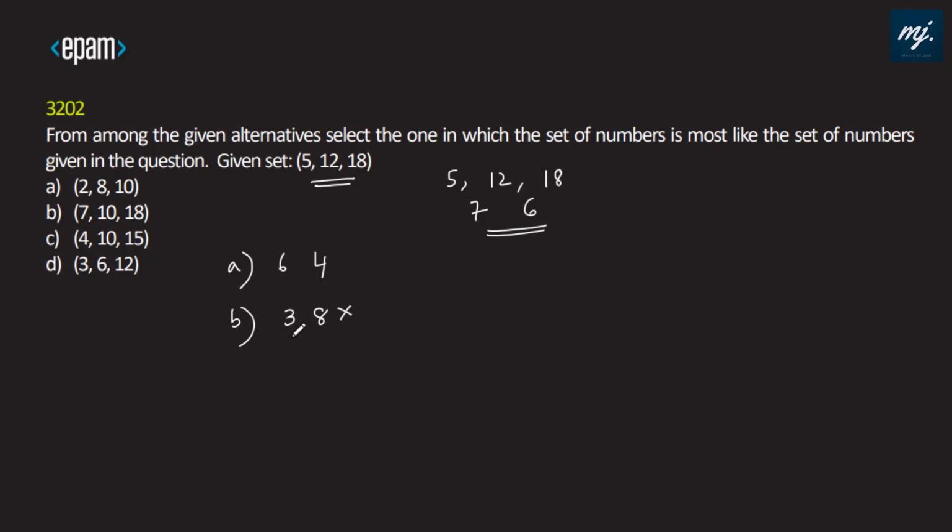Here the difference is increasing. In option C, the difference 10 minus 4 is 6, then it is 5. And in D, it is 3, 6. Obviously it would be 6, 5, because here the difference is decreasing by 1. Here also the difference is decreasing by 1. So option C is the best fit.